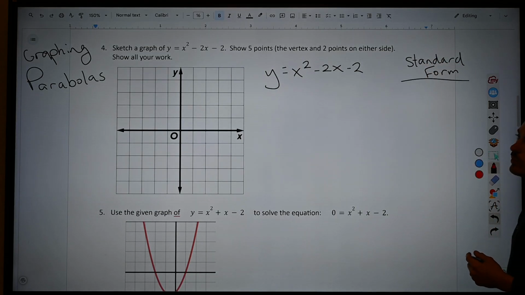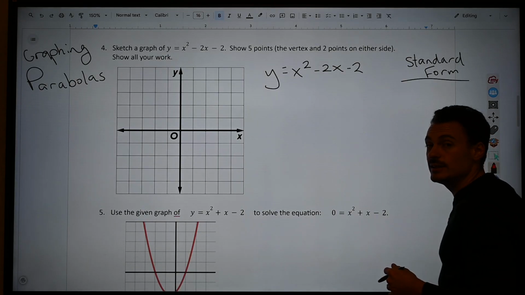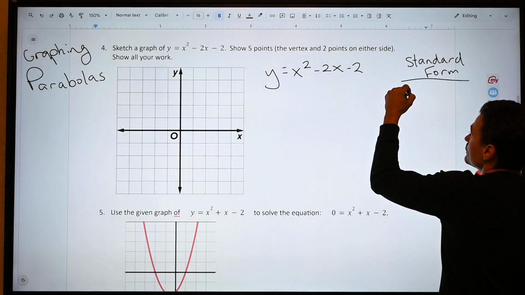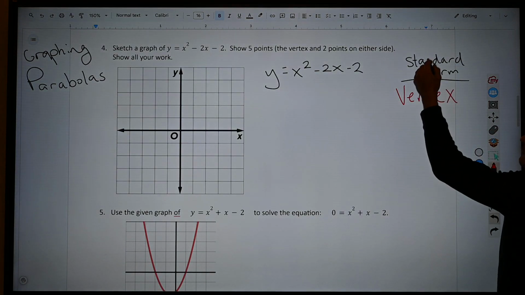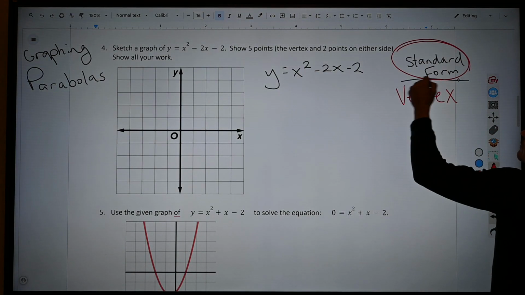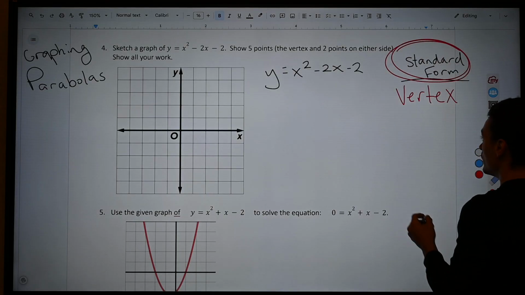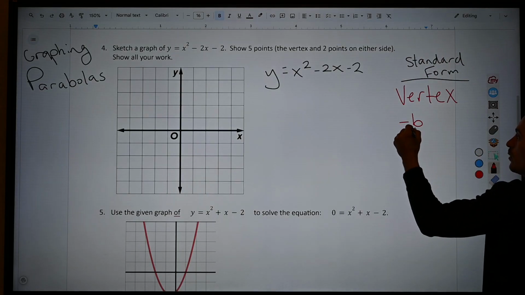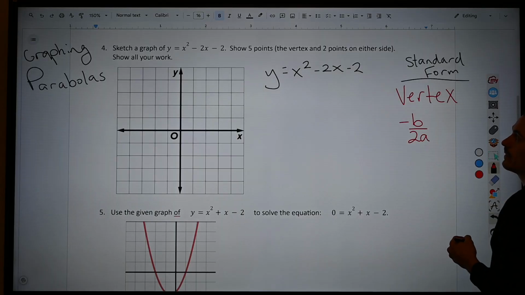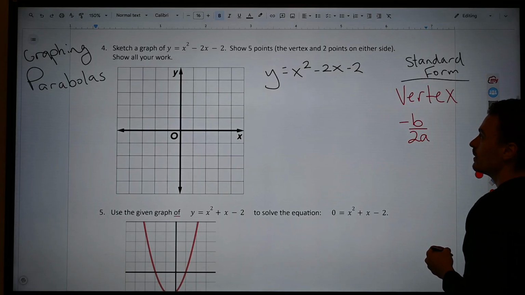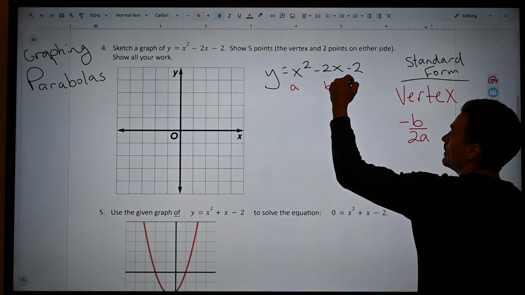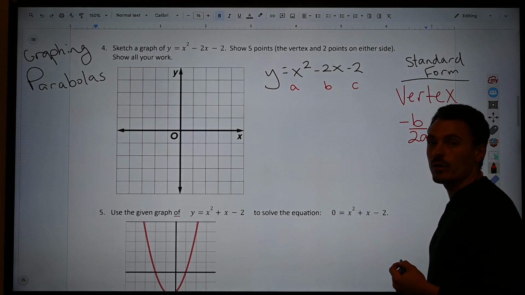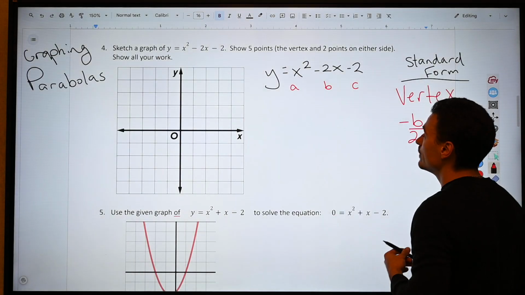When we are trying to graph parabolas, you want to check to see if you can find a vertex. For a standard form vertex, you want to use the formula negative b over 2a. If you remember, we have a, b, c for our polynomials as long as it's in standard form.